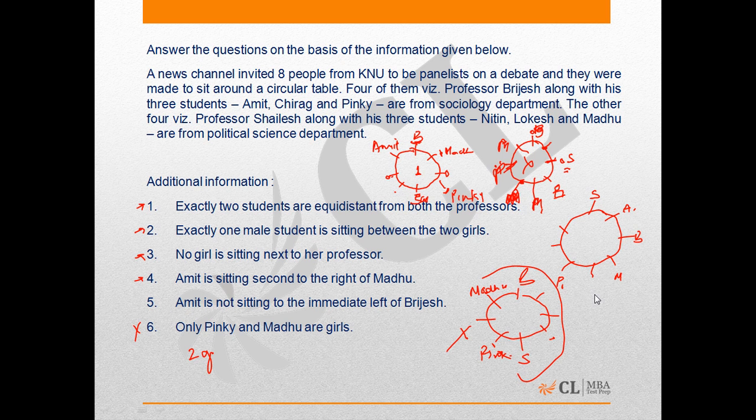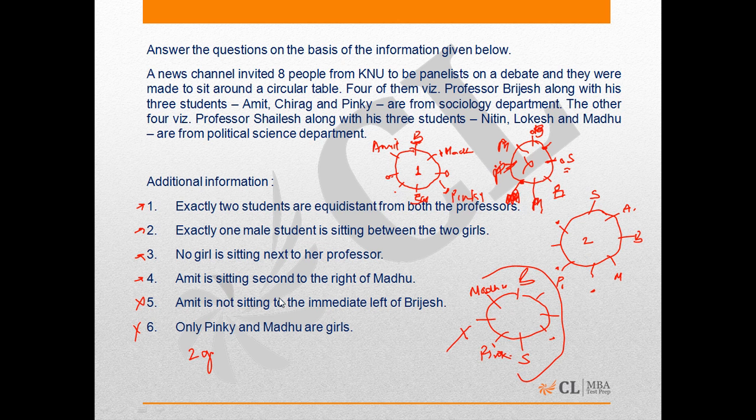In the second case, when Madhu or Pinky, anyone is sitting there, then there would not be any place for Amit, and the same would be the case when Madhu or Pinky is sitting here and the other one is sitting there. So in the second case also there is only one possibility.